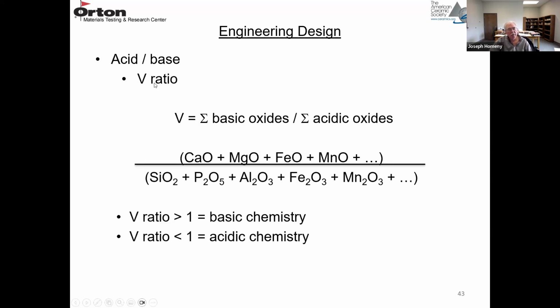So there's something known as the V ratio. V equals the sum of the basic oxides divided by the sum of the acidic oxides. The basic oxides are CaO, MgO, FeO, and MnO.